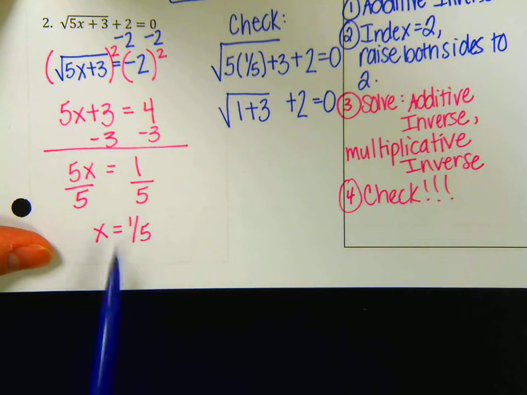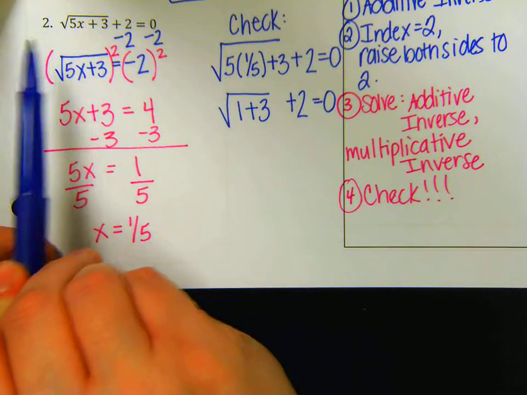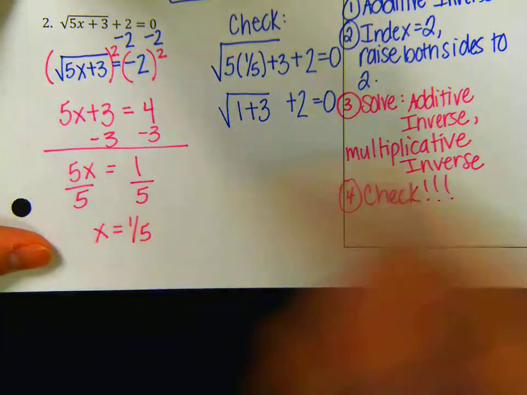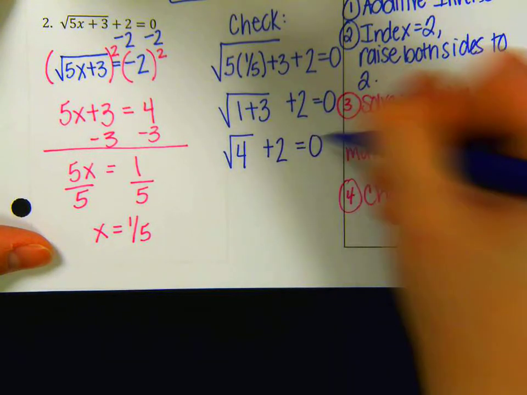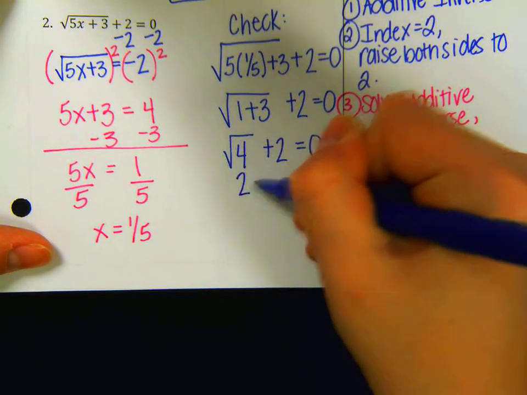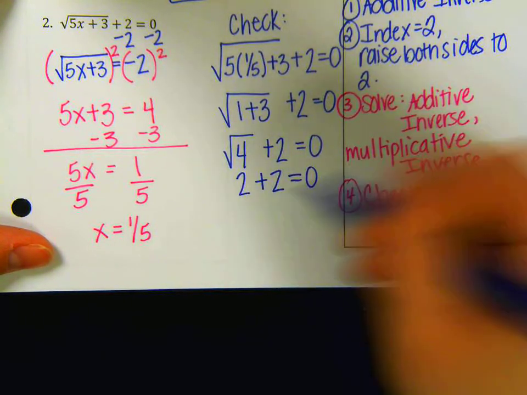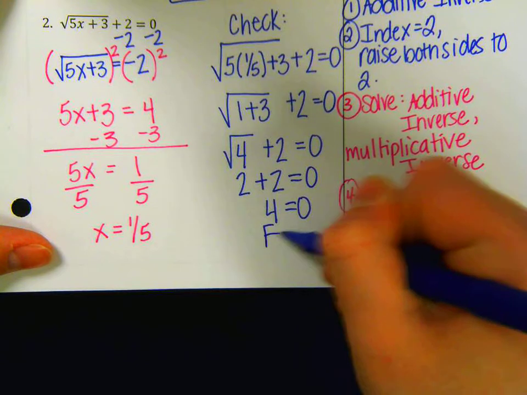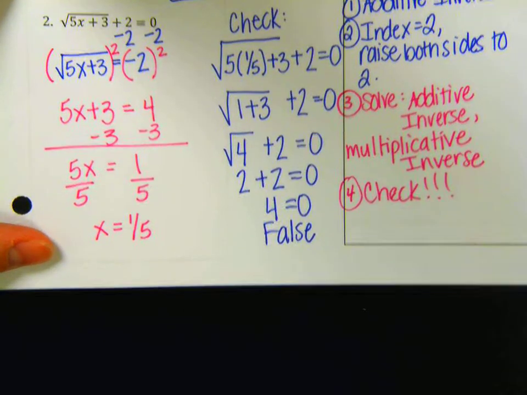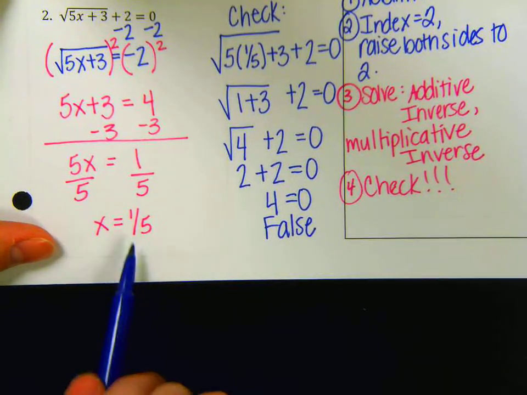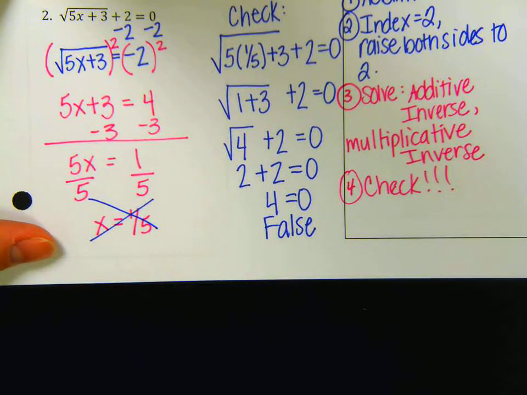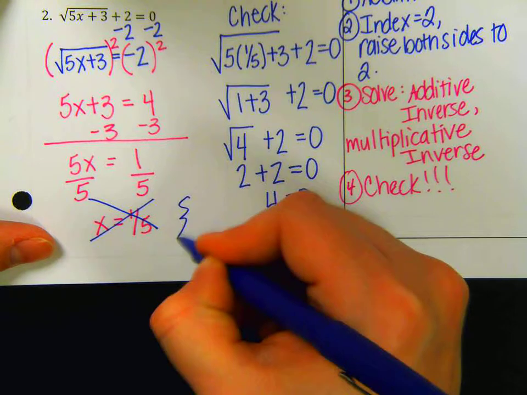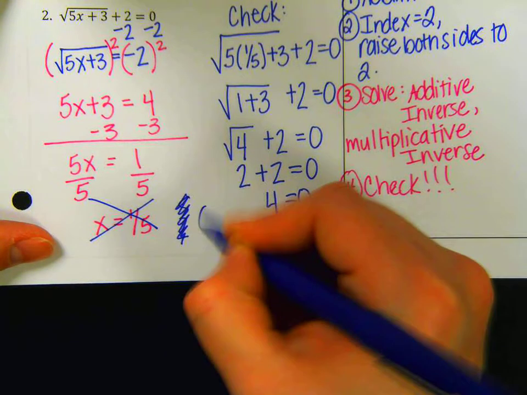I plug everything back into the very original problem that they gave us, not the one that we changed. So we have the square root of 4 plus 2 equals 0. 2 plus 2 equals 4, and 4 equals 0, which in this case is false. Since it's false, this cannot be an answer, so I have to cross this one off. It's not going to work. And that's the only one I got, so my answer is going to end up being the null set.